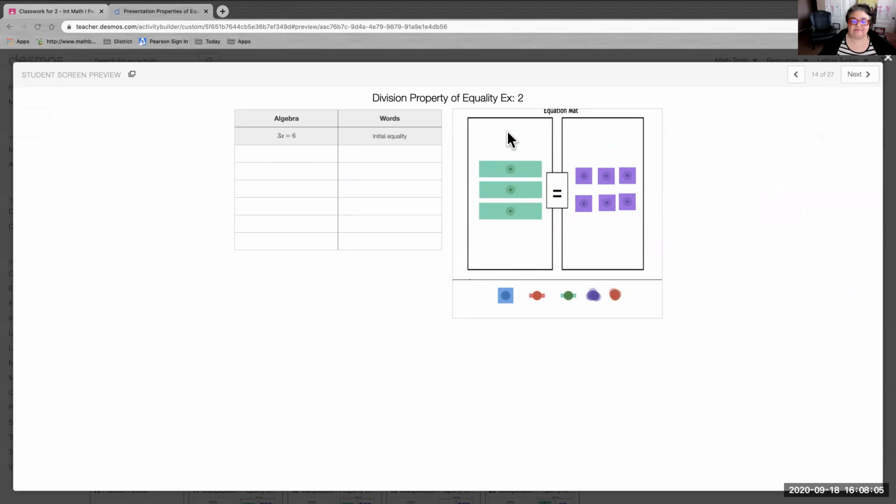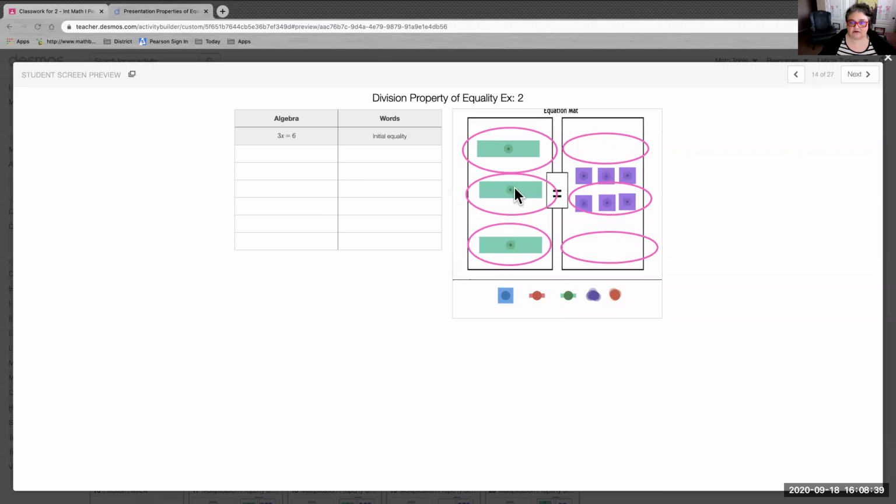Okay, this time, I want to make groups, and they have to be the same. So since I have 3 x's, the only way to get groups that are the same is to make these into 3 groups here, so here's 1, 2, 3, and then I'm going to do the same thing over here, 1, 2, 3.